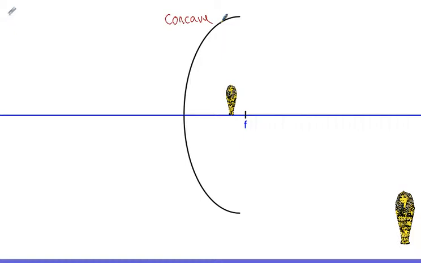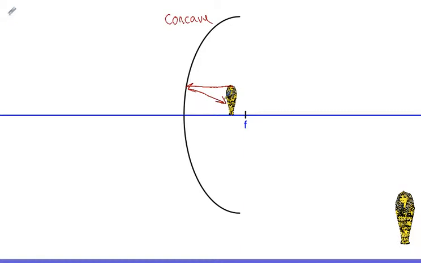I've just got this little sarcophagus thing here, and I'm going to pick 2 rays of light that make this easier. One ray of light is going to come in parallel to the principal axis. When something comes in parallel to the principal axis, it bounces towards the focus. So it's going to come back this way.